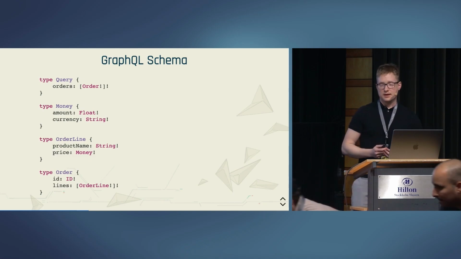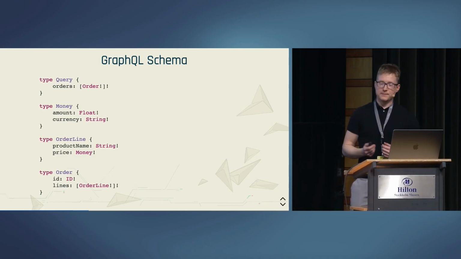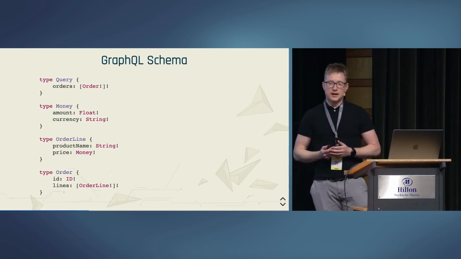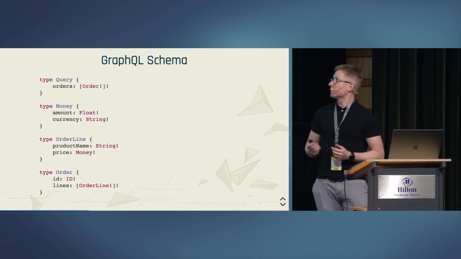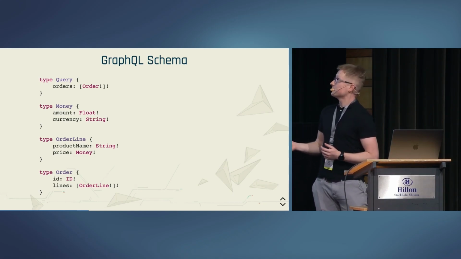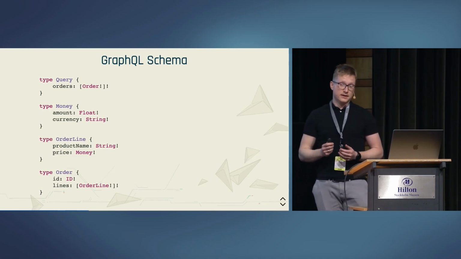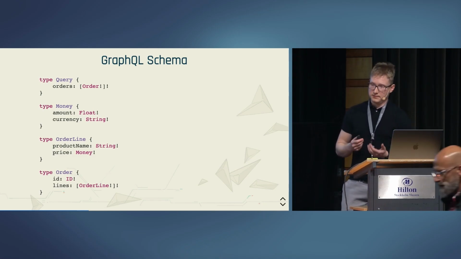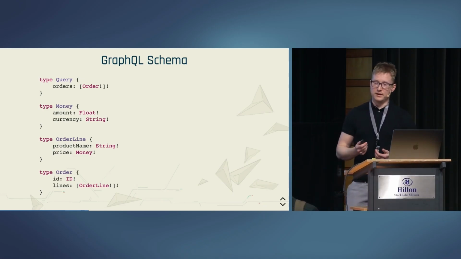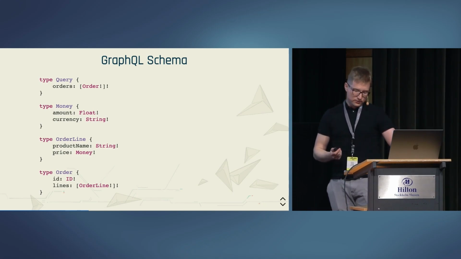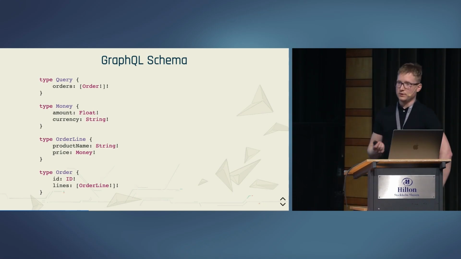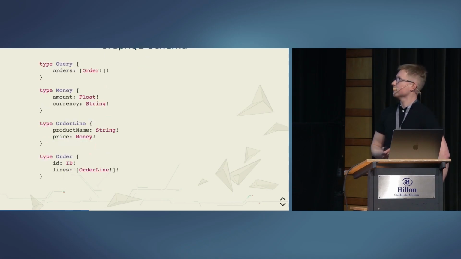In that case, we have a query that will return orders, and it will always return an array of stuff that is of type Order, because the exclamation mark means that the value will never be null. So that's quite handy. However, how is it useful for the clients, how does it work, and why is it good?